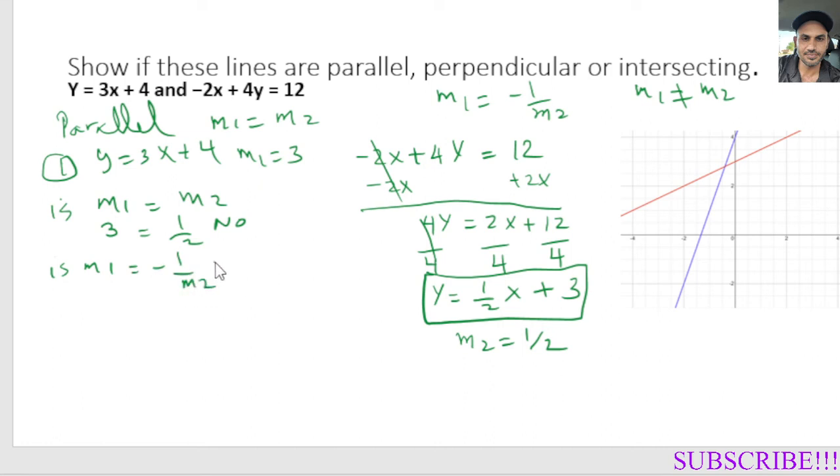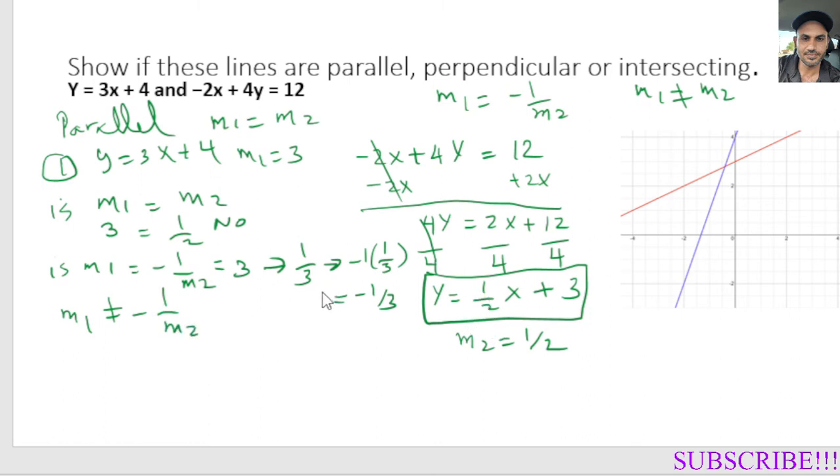Let's see if that's true. We take M1, which is 3, take the reciprocal, which is 1/3, then multiply it by negative 1, and it becomes negative 1/3. Is that true? No. So M1 is not negative 1 over M2. They're just intersecting.